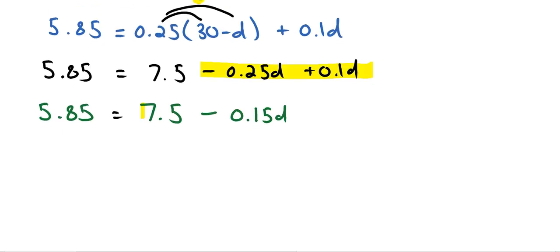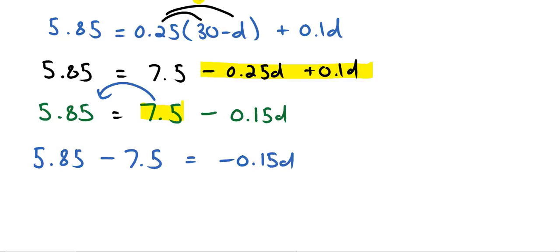And then if I bring this 7.5 over, a lot of math here, this will be 5.85 minus 7.5, and that's going to equal negative 0.15D. $5.85 minus $7.50 is negative $1.65 equals negative 0.15D.